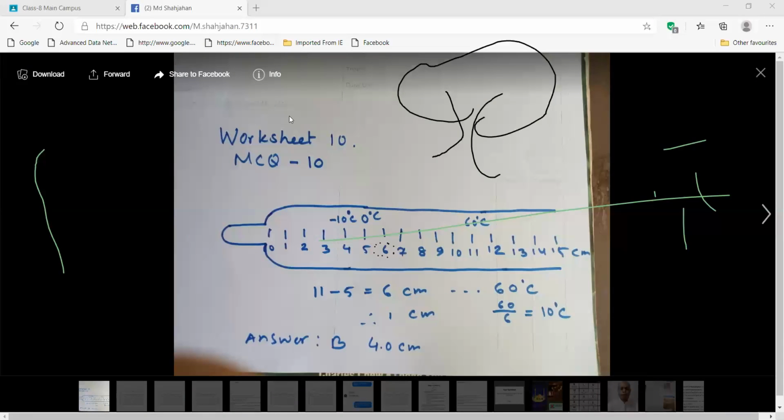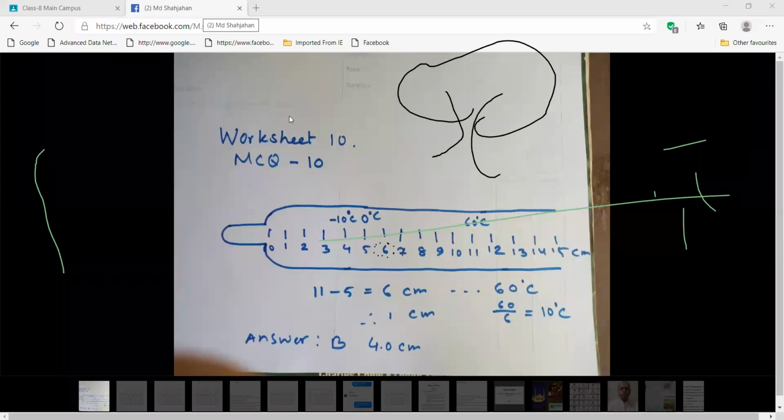So I think with all this information, you will be able to understand all the questions from your worksheet, and you'll be able to solve them. Even if you cannot solve, the mark scheme is there, and following that mark scheme, you can understand your answer is right or wrong.